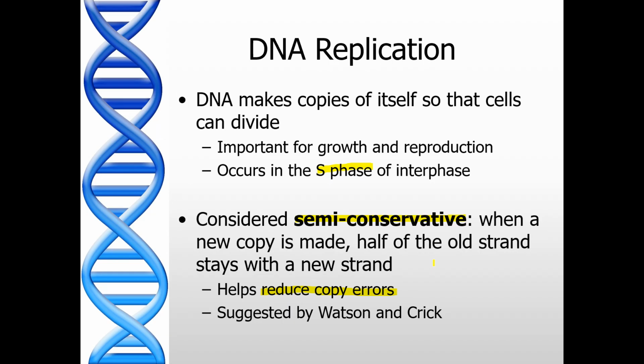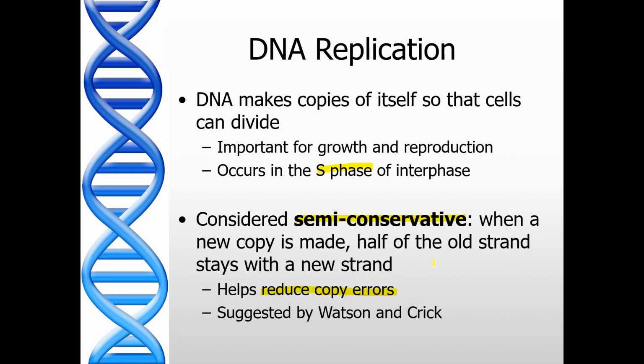Now it says that it helps reduce copy errors, and it really does, because it's always kind of keeping an original in the mix. So if you think about this in terms of photocopies, like the notes you have in front of you, if every year your teachers make copies of a copy of a copy of a copy, and that goes on for years and years, what happens is over time those copies really decline, because every ink spot, every issue that occurs on the copy machine, and I'm sure you've seen some papers where maybe the copy machine puts a line on the paper, or sometimes it will spread certain words apart.